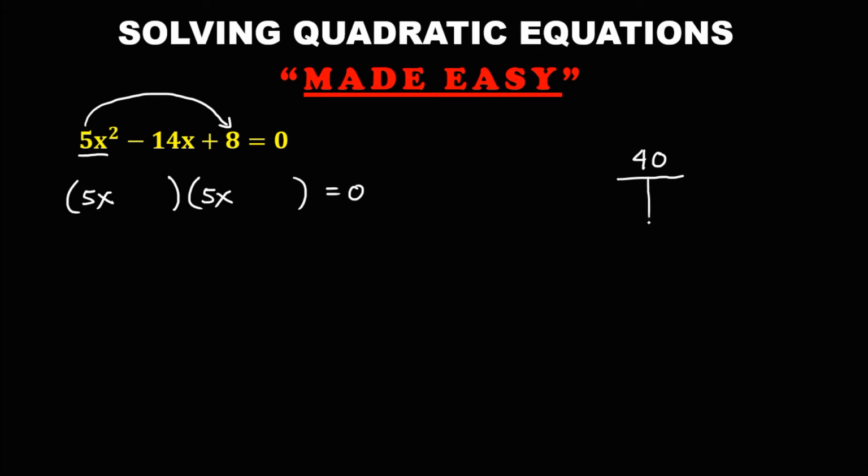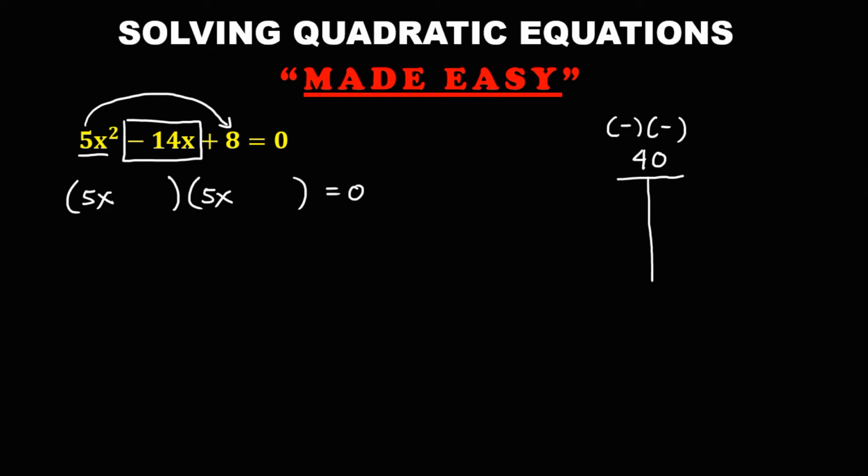Then we need to find the factors of this positive 40. From the given, since the middle term is negative, the factors are both negative, because negative times negative is positive.